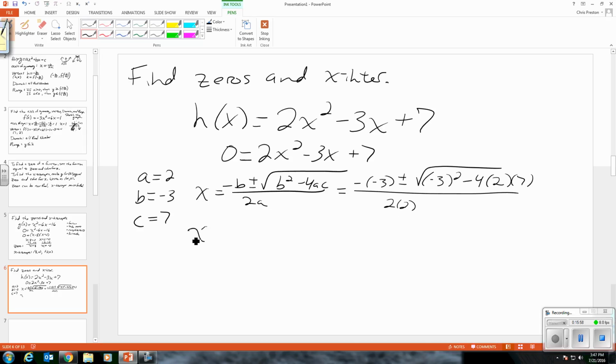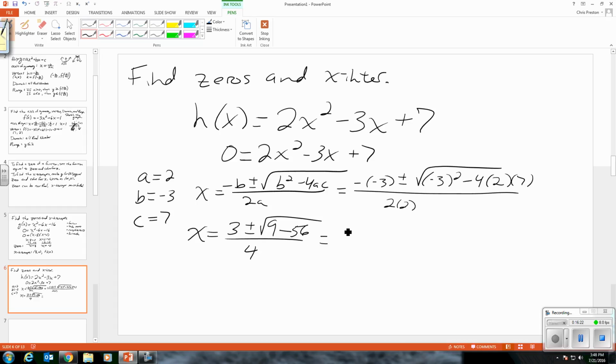And I'm going to start cleaning this up. Let's see what we got. Oh, whoops, not 4, 3. Getting ahead of myself. Let's try that again. 3, 4 down here. That's what I was looking at. 9. Negative times a positive is going to be a negative. 4 times 2 is 8. 8 times 7 is 56.